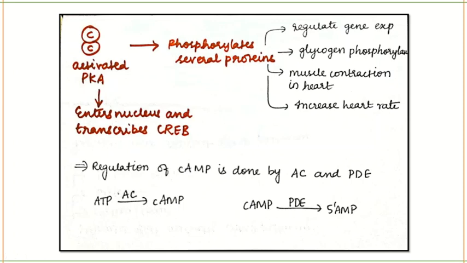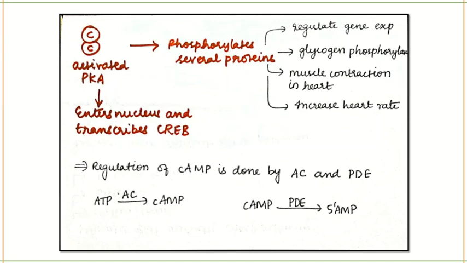The other enzyme is phosphodiesterase. You can see here PDE, phosphodiesterase. This will convert the cyclic AMP to 5'-AMP. It will break the cyclization and this will become 5'-AMP. When the cyclic AMP is converted to 5'-AMP, it is no more a secondary messenger. Therefore, it cannot help in the activation of PKA.